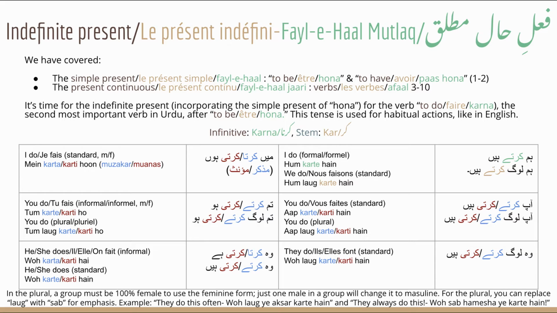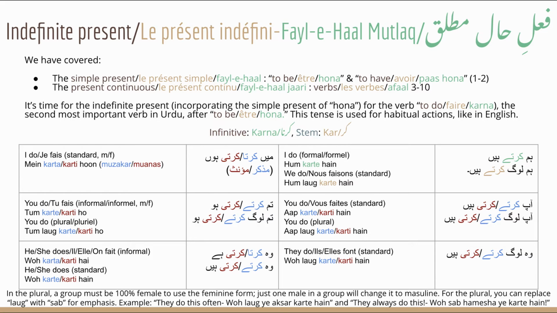This tense is used for habitual actions, like in English. The infinitive is karna and the stem is kar. I do. मैं करता हूँ for masculine, मुज़क्कर, and मैं करती हूँ for feminine, मुअन्नस.